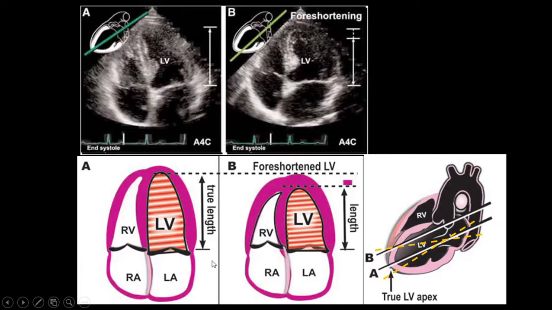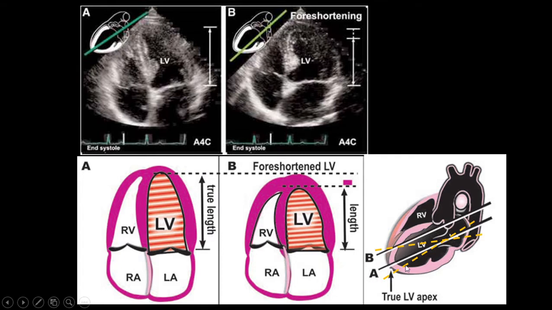Let's go to the next. One of the most common errors in apical 4, 2, and even 3 is foreshortening. In a correct apical 4, the sector sound plate should pass through the apex.